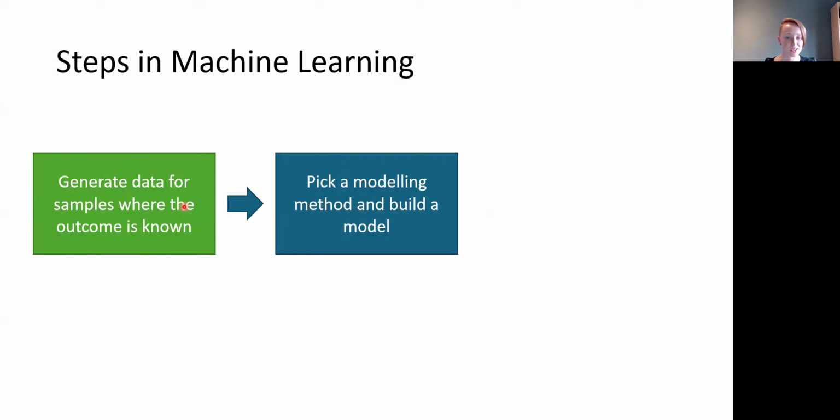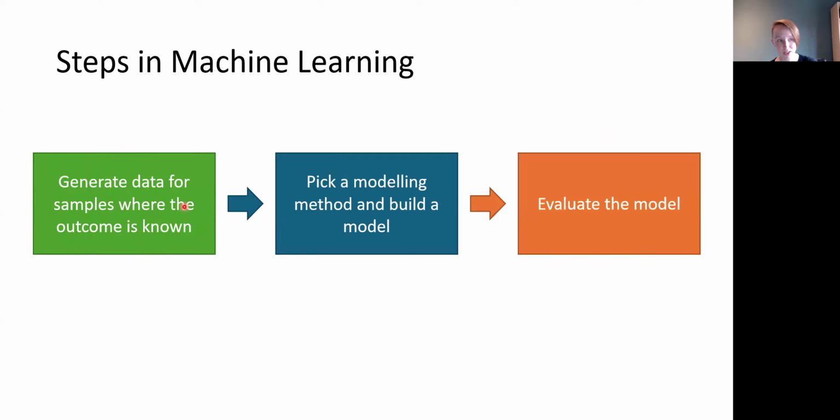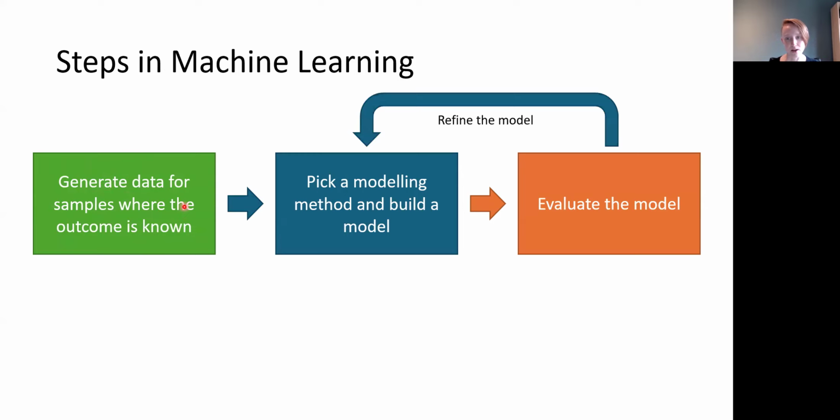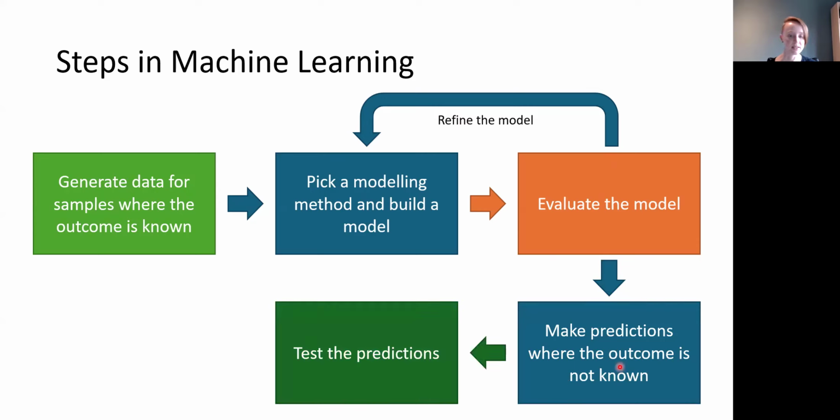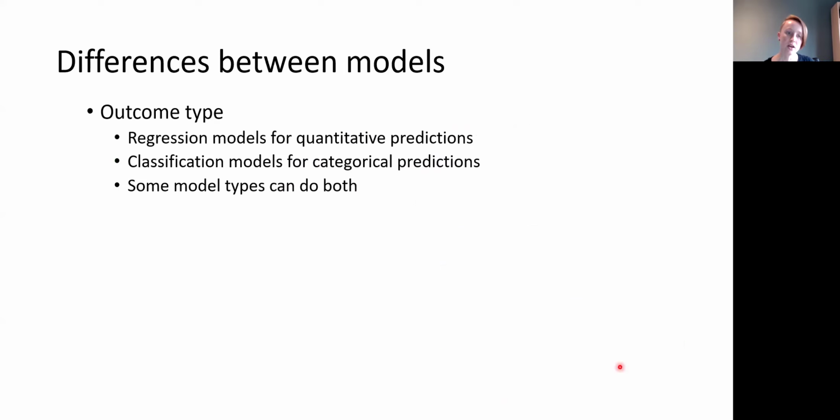We can then pick a modeling method and build our model, and then evaluate our model and refine it to get the best model that we can from the data that we have. And then we can use it to make predictions where the outcome is not known, and then test the predictions that we have made.